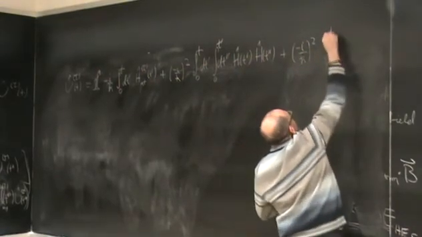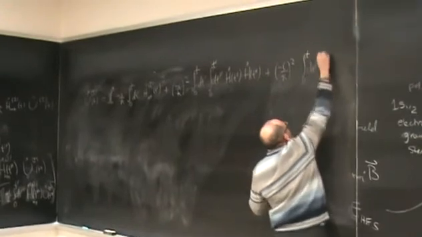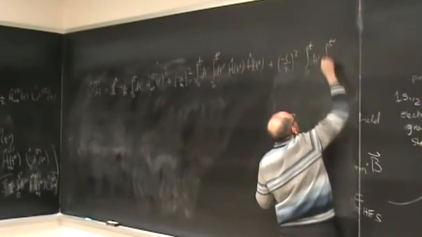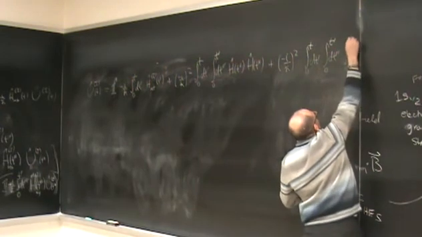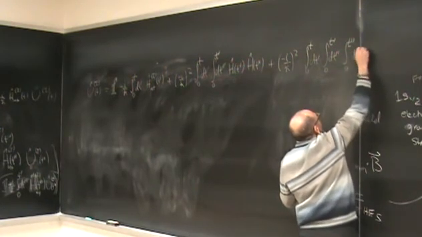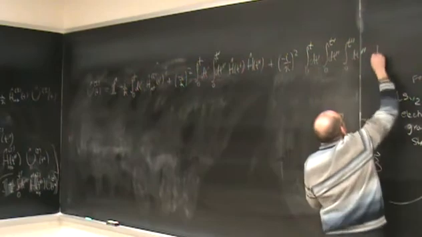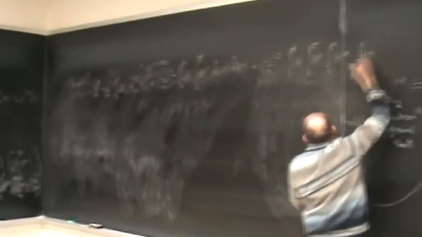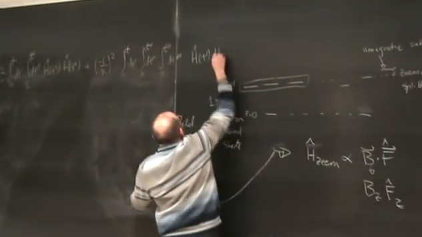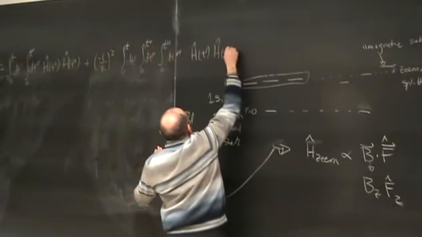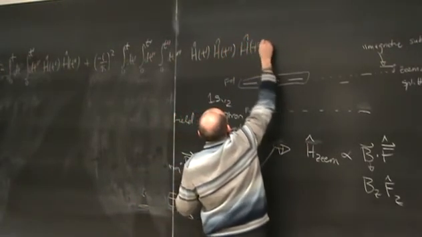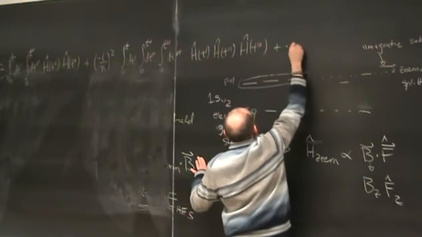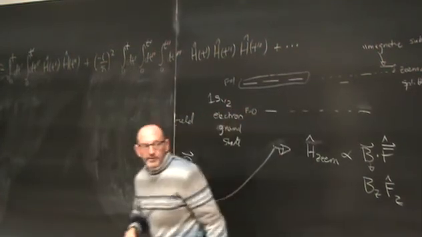Minus i over h bar cubed, integral 0 to t over t prime, 0 to t prime over t double prime, 0 to t double prime over t triple prime, of H(t prime) H(t double prime) H(t triple prime), plus, and so on. That is the Dyson series.